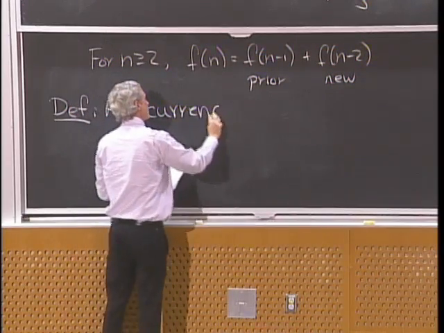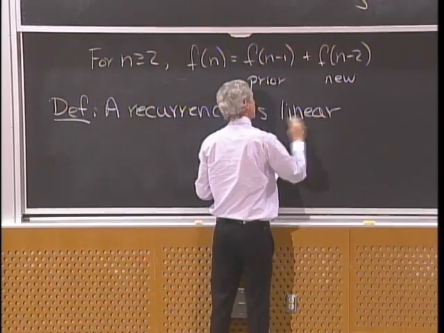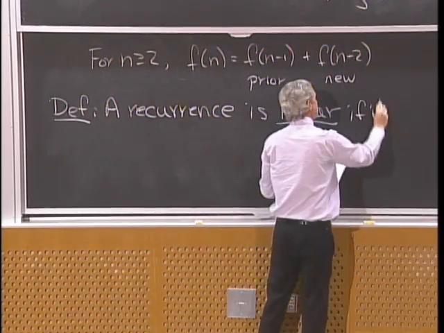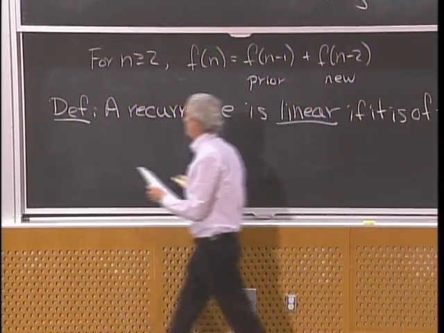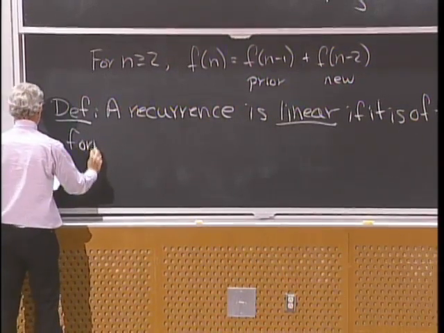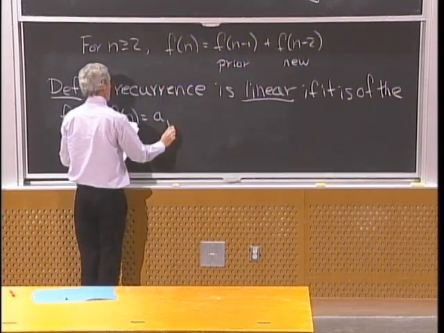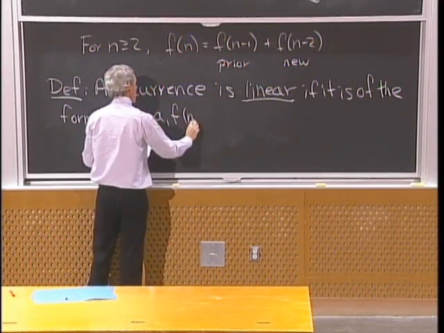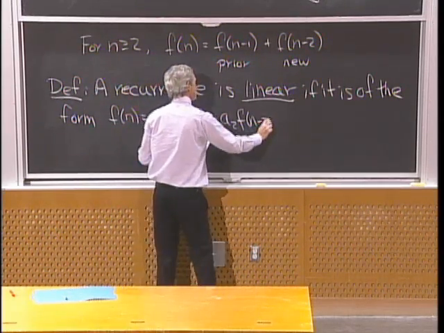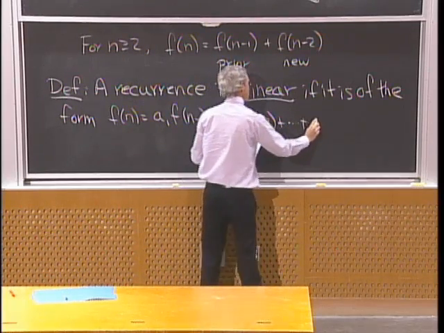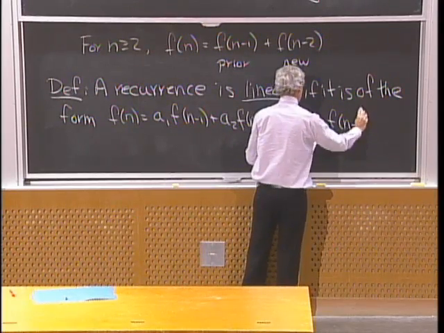So a recurrence is said to be linear if it is of the form f of n equals a constant, a1, times f of n minus 1, plus a2 times f of n minus 2, plus dot, dot, dot, a dth constant a_d times f of n minus d.